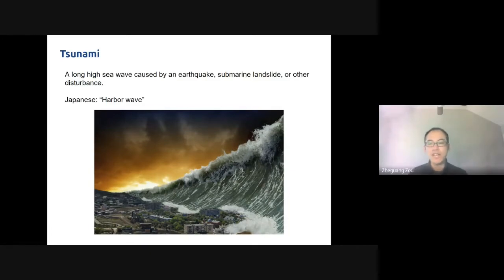For this type of wave, because sometimes they can get very big amplitude, they can be non-linear. They are not always linear. So the wave height can get very big, and they are not dispersive because their wavelength is very, very long.